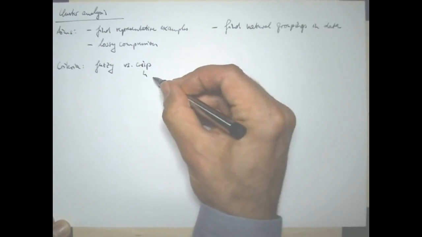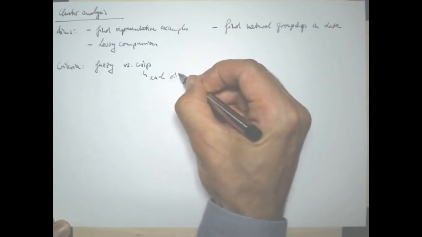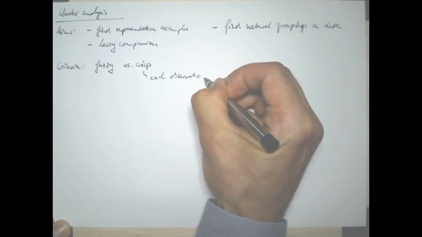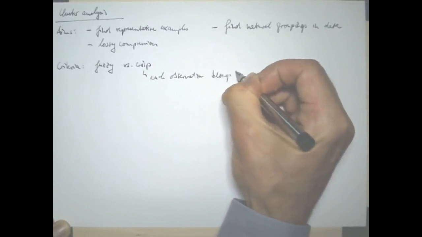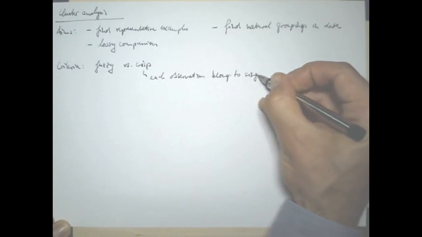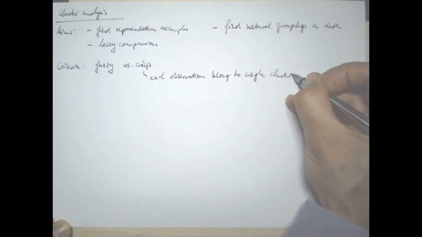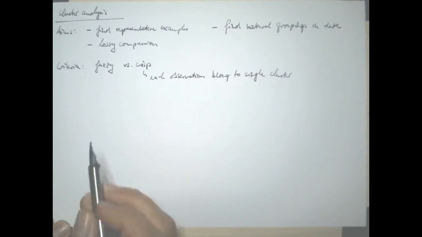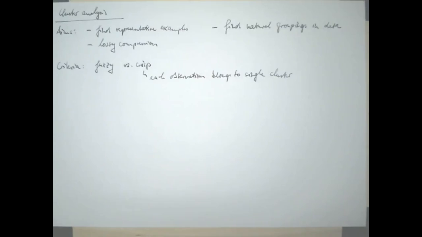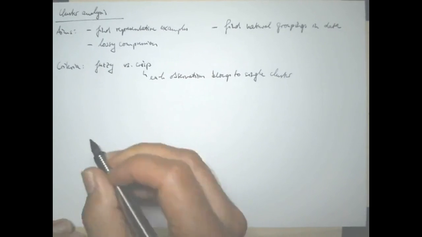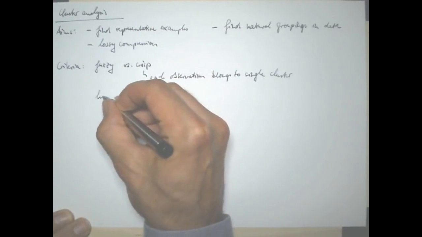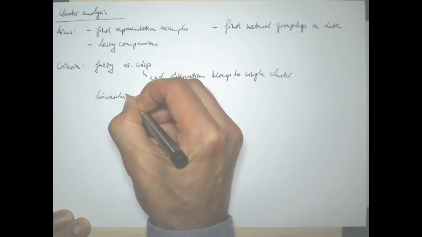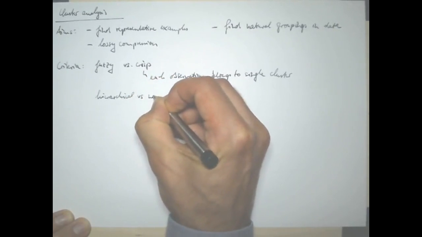Crisp means each observation belongs to a single cluster only. And fuzzy is the opposite, so one observation can belong to several clusters. Or another distinction is hierarchical versus non-hierarchical.